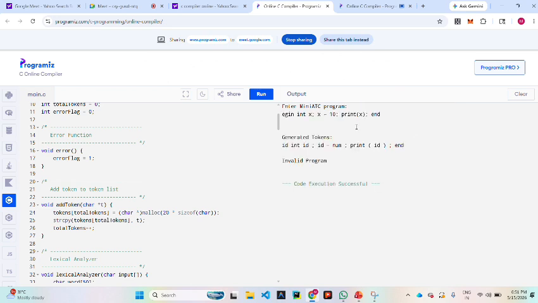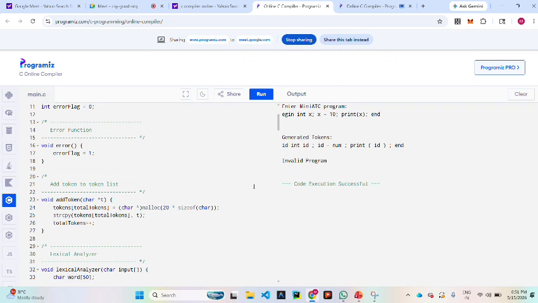See, the generated tokens are these, and it is a valid program. Thank you.